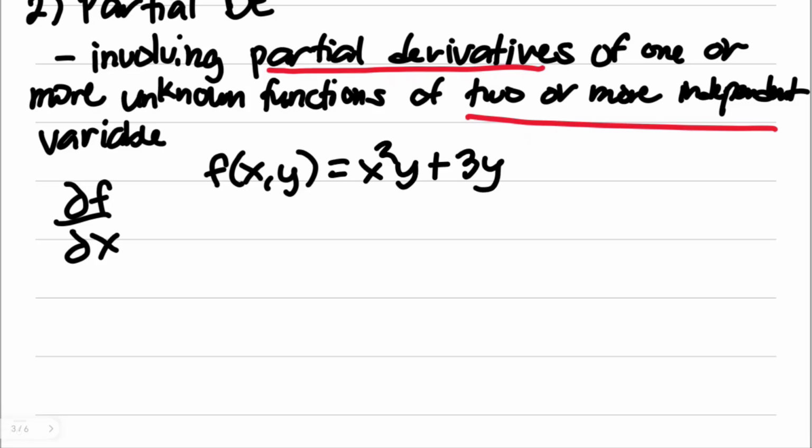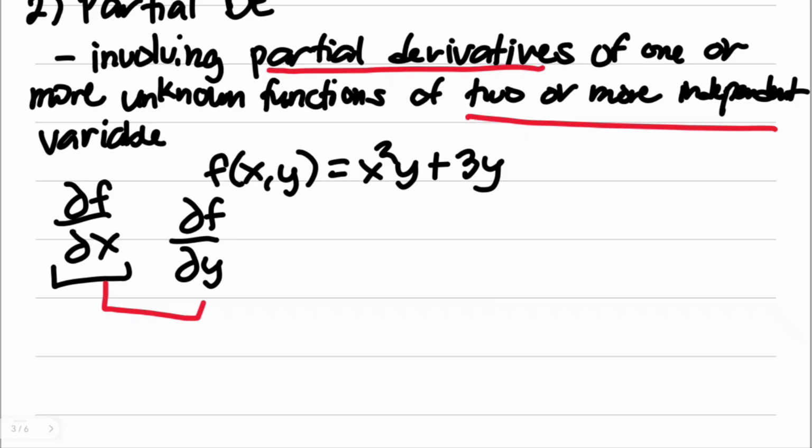We can come up with a partial derivative of f with respect to x, treating y as constant, and another one, the partial derivative of f with respect to y, treating x as constant. At this time, we can see that there are two independent variables using the notation for partial derivative.